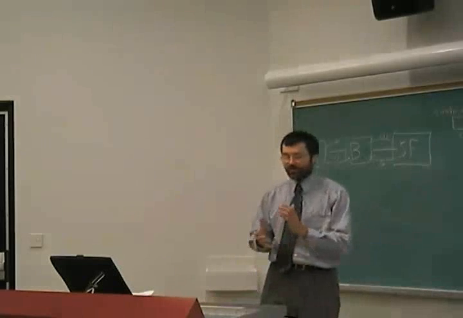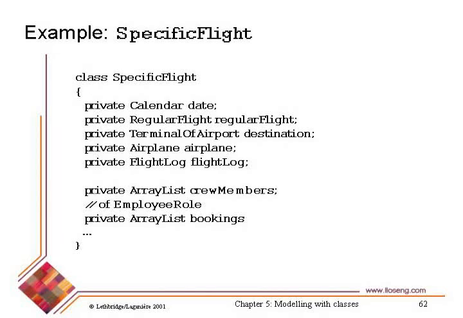Let's look at actual code. Okay, first of all, class SpecificFlight. These are examples of some of the instance variables we have. So we've got date, which is the implementation of our date attribute. I'm using the Calendar class in Java to do this.